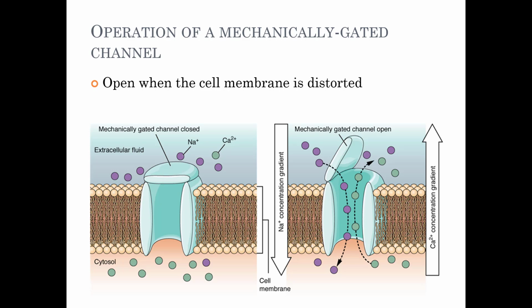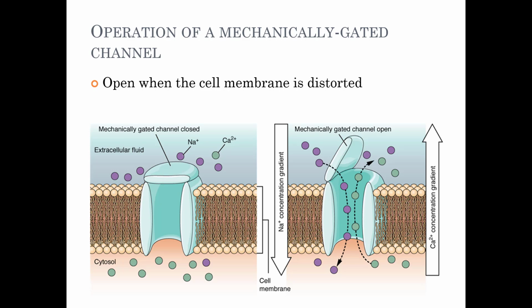Okay, so the ligand-gated channels, we're going to see this at the axon terminals, and it's going to be involved in the transmission of a signal from a neuron to another cell. The ligand-gated channel and the mechanically gated channel, we're going to see this when we talk about different sensory receptors.